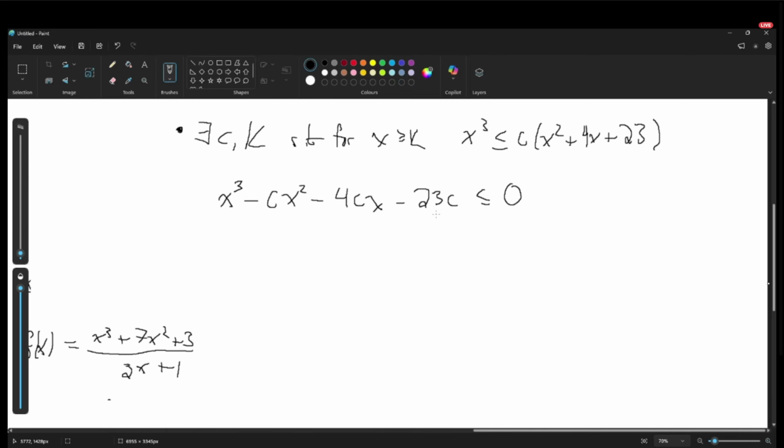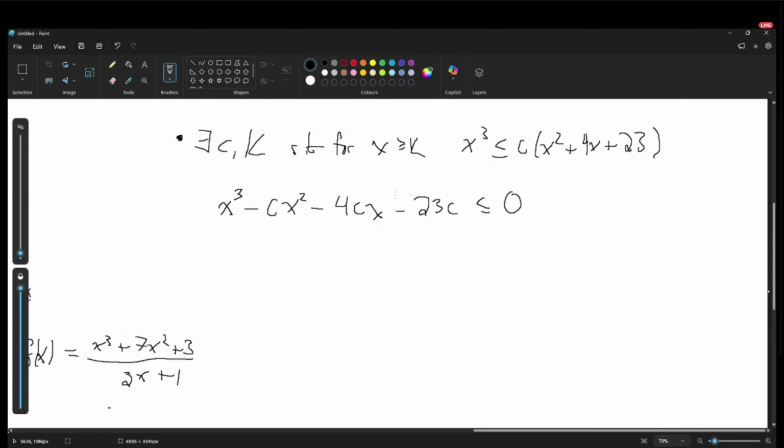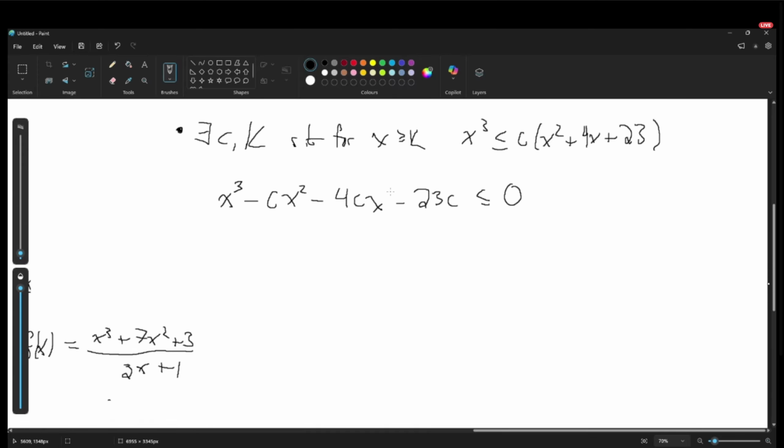Okay, so for polynomials, you know that the highest degree determines the evolution of the polynomial, right? And you know that the highest degree is positive, and it's just 1. So that means that eventually x cubed will overpower whatever this is, right? So you can actually check exactly in terms of c, in fact.